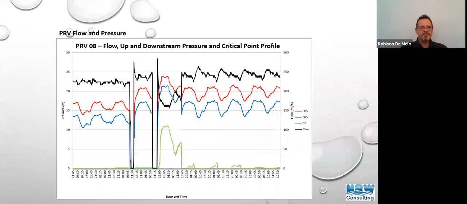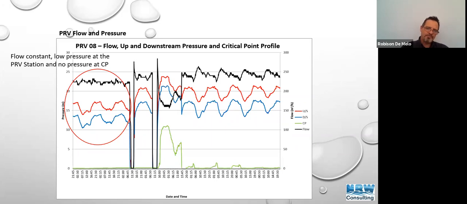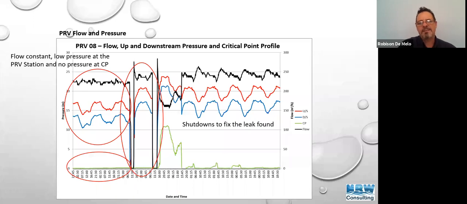Another one is a PRV. Suddenly you have flow almost a straight line, and pressure up and down, with pressure upstream and downstream dropping, and no pressure at the critical point. We evaluated it and identified there were bursts, and then they fixed them.